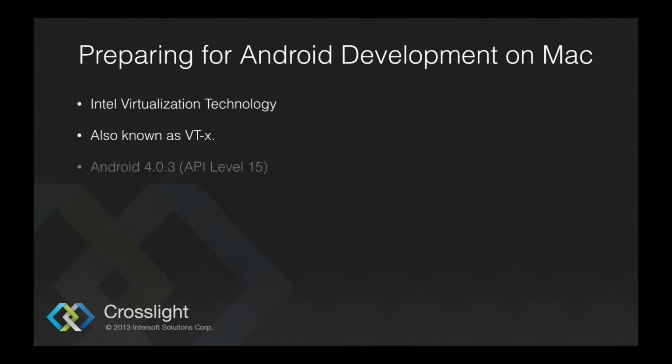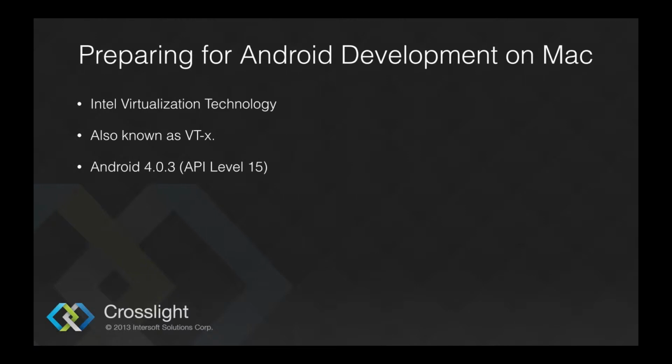However, since the introduction of Android 4.0.3 or API level 15, developers can now take advantage of the Intel-based Android emulator image, which is available through the Android SDK manager that fully supports the virtual machine acceleration technology.